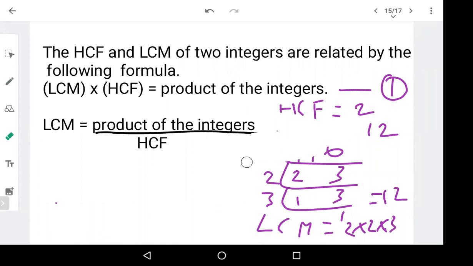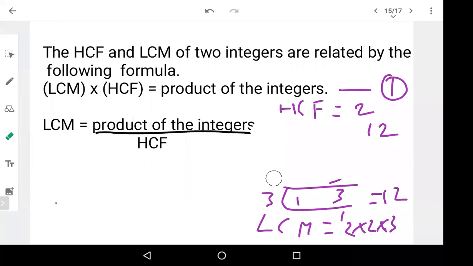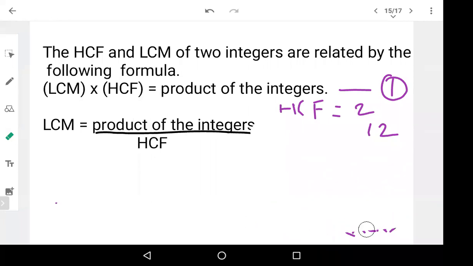Now let us understand this first formula. What is LCM? 12. 12 into 2. LCM was 12, HCF was 2.